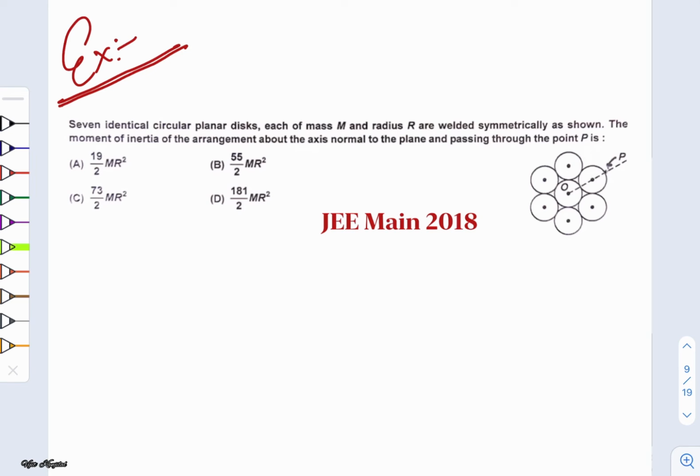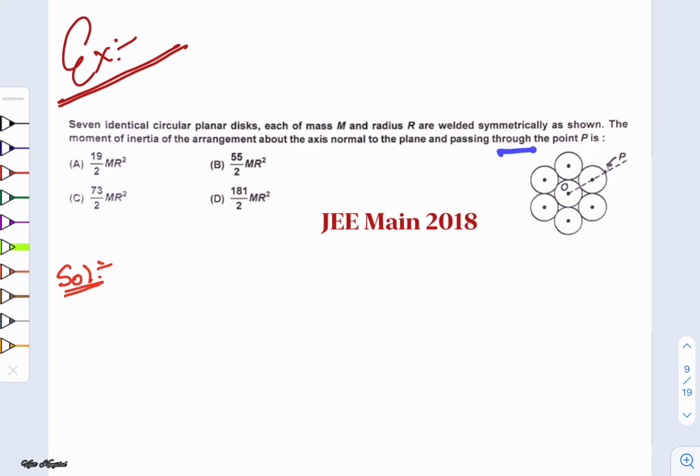So how do we do it? Let's look at it. This particular system is made up of 7 components. That is, it is made up of a central disk and 6 disks which are surrounding the central disk.